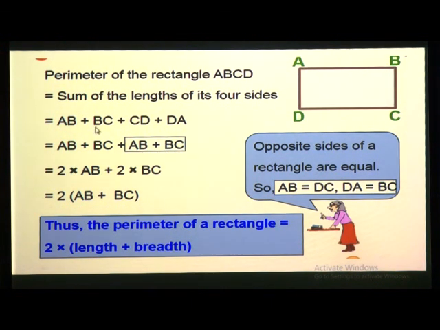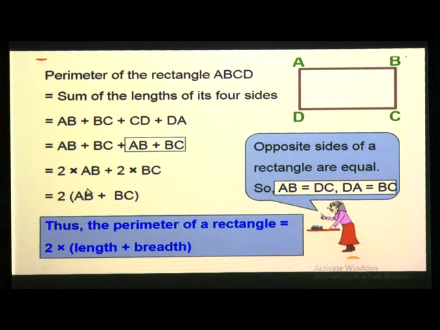If we add AB plus BC 2 times, then also it is okay, because the two opposite sides are equal. We know in rectangle the two opposite sides are equal. So, here instead of taking CD plus DA, we have again taken AB plus BC, because the opposite sides are equal. If we added once again AB plus BC, we will get the same answer.